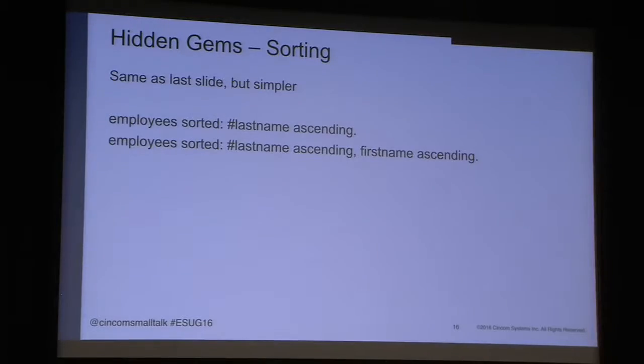You can send a symbol ascending or descending, and then use the method sorted. So you say employees sorted by last name ascending, or for that subsort, and this is much smaller and clear: employees sorted last name ascending, comma, first name ascending, and that will do the subsort.